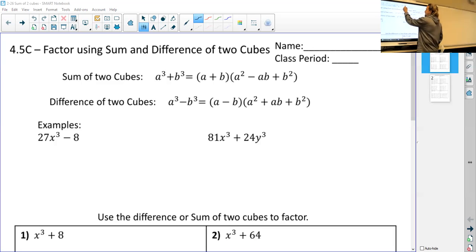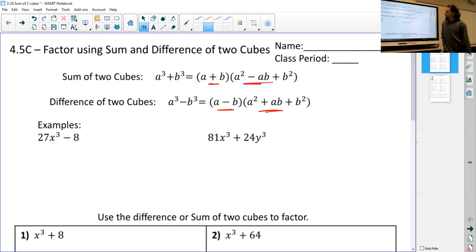And the difference of two cubes, a cubed minus b cubed, is a minus b, and then a squared plus ab plus b squared. The only differences between those two formulas are just the signs. So this is a plus b, a minus b, and then if it's a plus b, you put minus ab in the middle, plus ab down.